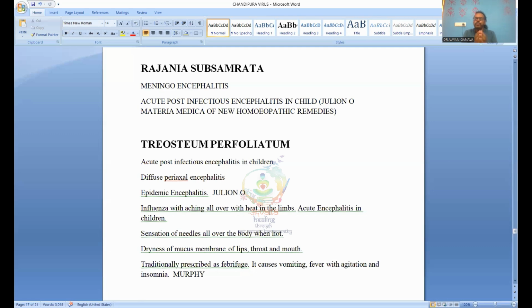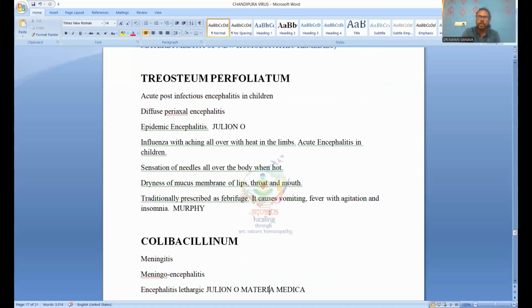So you can see how beautifully our masters have written, and these remedies seem so promising in treating such infections. Now, another rare remedy, Triosteum perfoliatum. In Triosteum perfoliatum, acute post-infectious encephalitis in children, diffuse periaxial encephalitis, epidemic encephalitis.